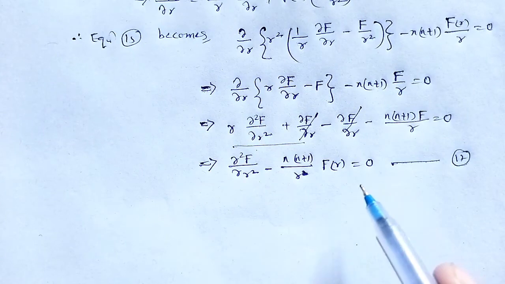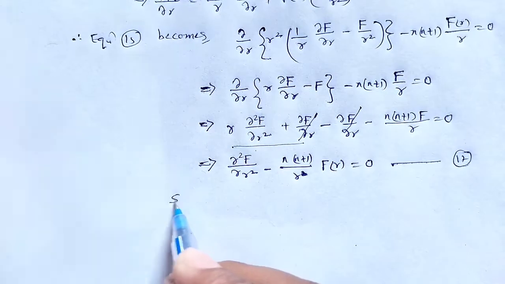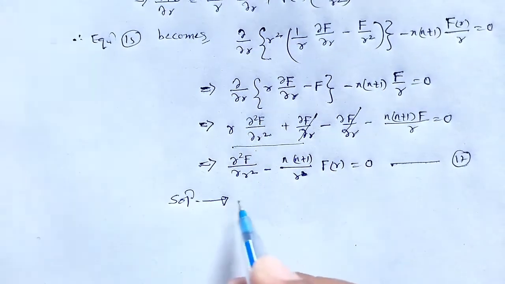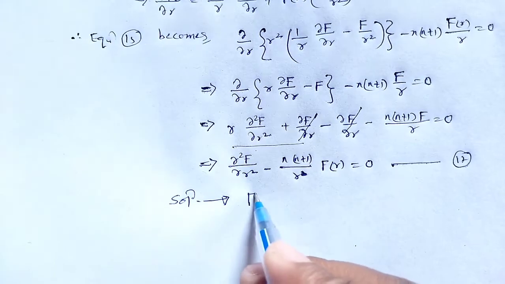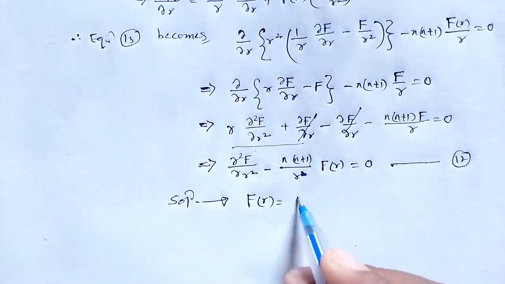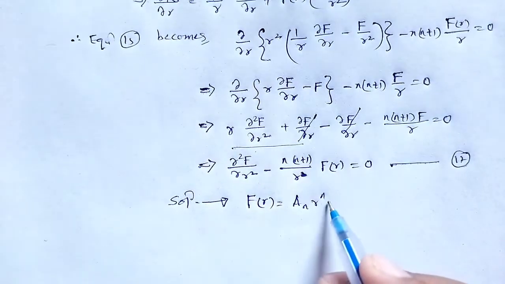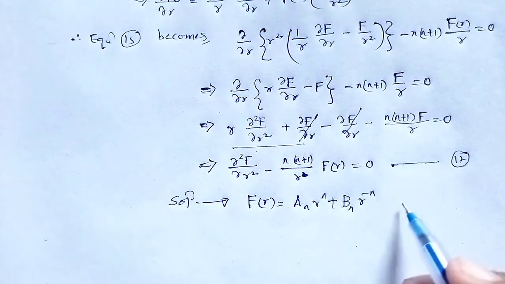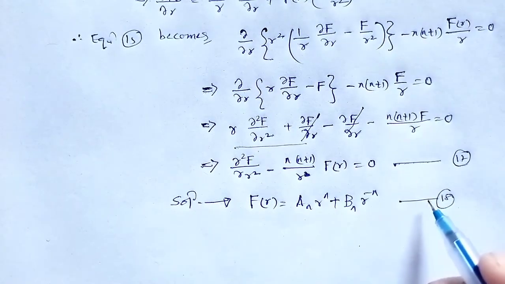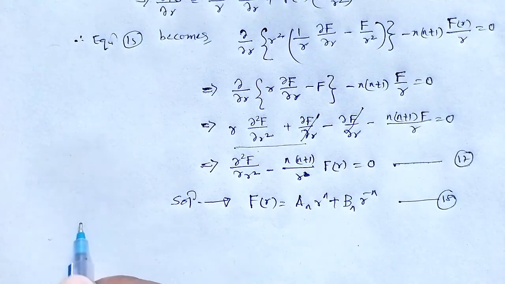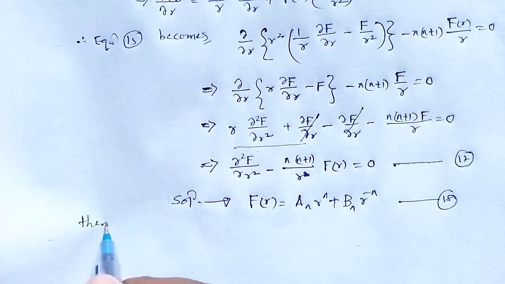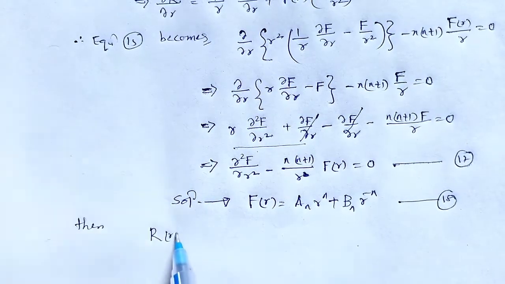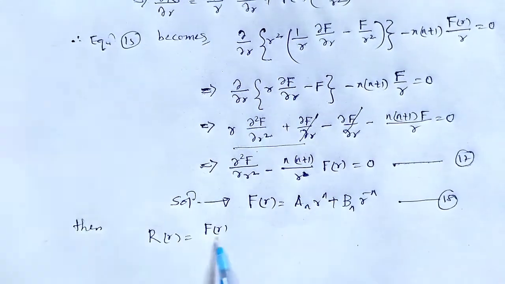Now the solution is to be found, that is f of r is equal to a n r to the power n plus b n r to the power minus n, equation number 18. Then R of r is equal to f of r divided by r.